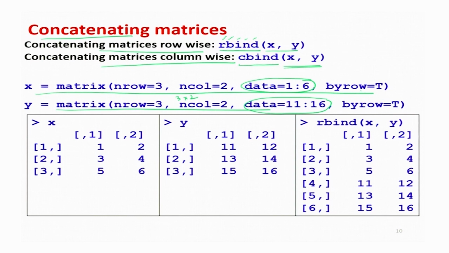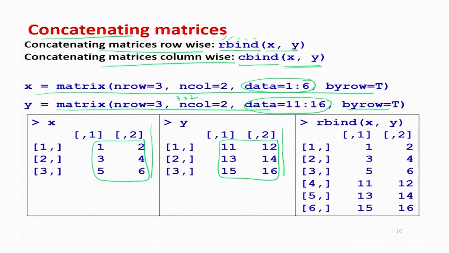And the elements are arranged row wise. So, this is x and this is y. These elements are 1, 2, 3, 4, 5, 6, and these elements are 11, 12, 13, 14, 15, 16 in x and y respectively.